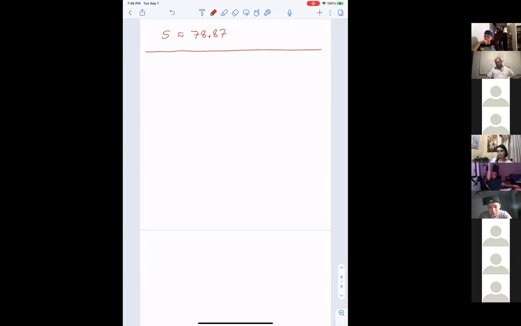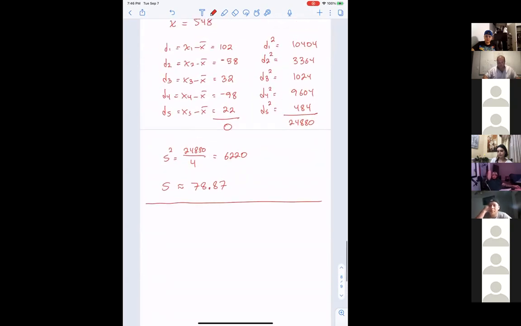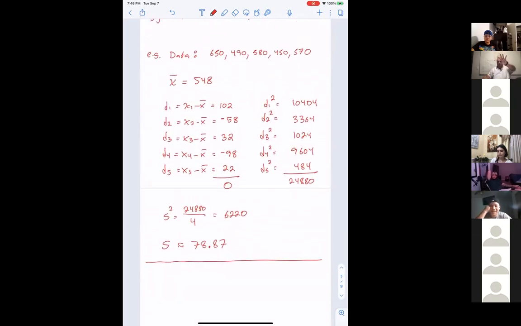The answer is no, because once you make 4 of them, can you scroll up? Okay. Once you make 4 of them, if I know the average, the 5th one is predetermined. I have no say in it because there's only one number that I can add to these 4 that can average to this guy over here. So in this particular example, I don't have control over all n data points. I only have control over n-1 of them. And as such, I have n-1 degrees of freedom.